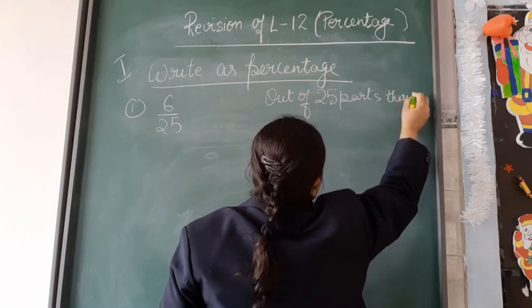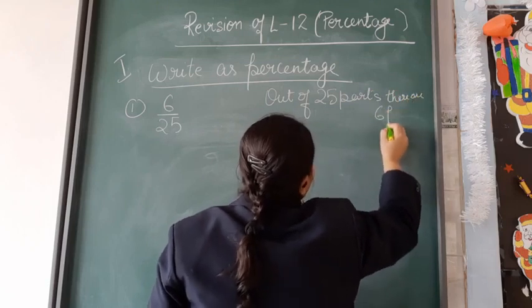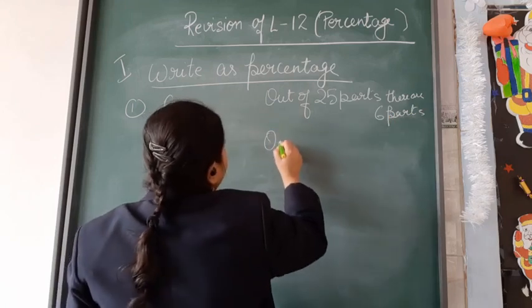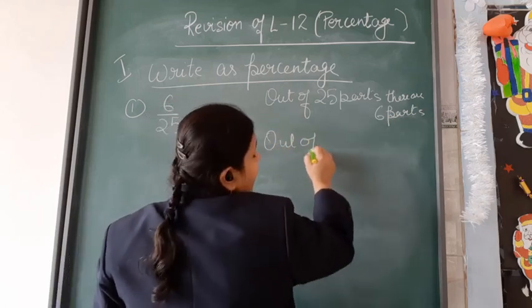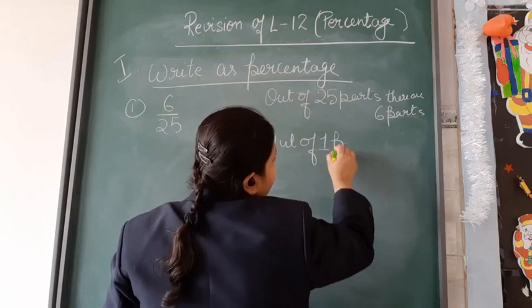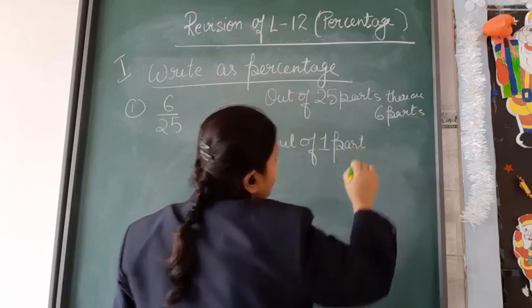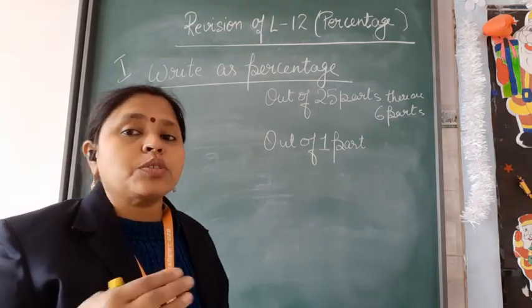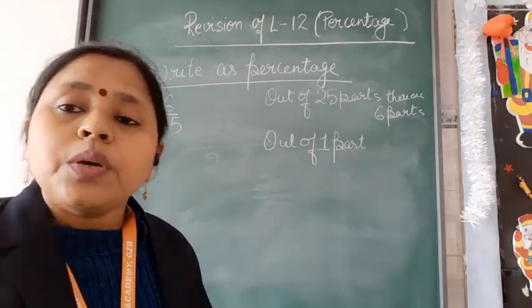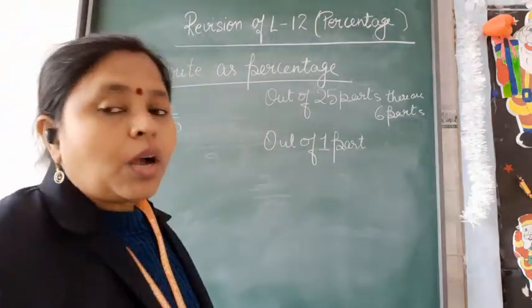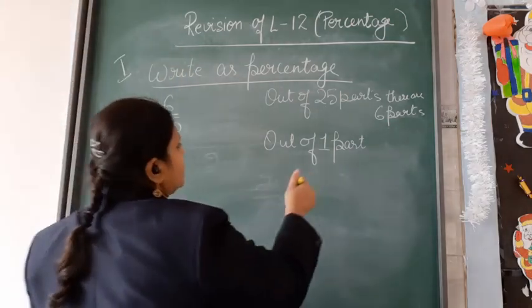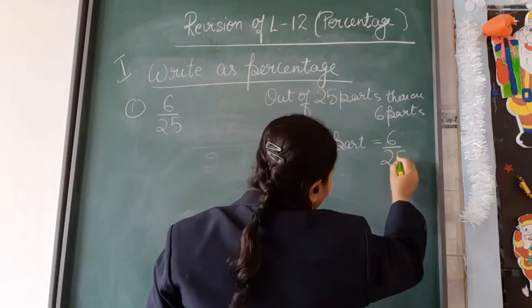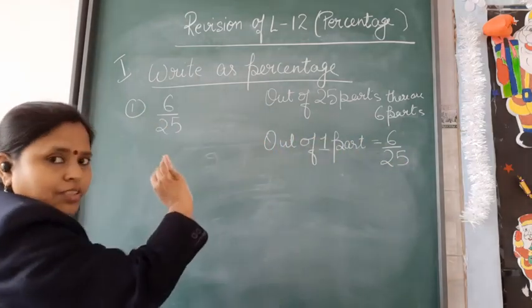So out of one part, how many parts? 6 upon 25, which is already given in this fraction.